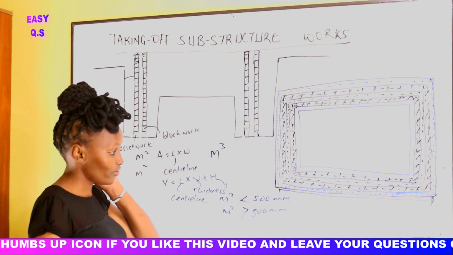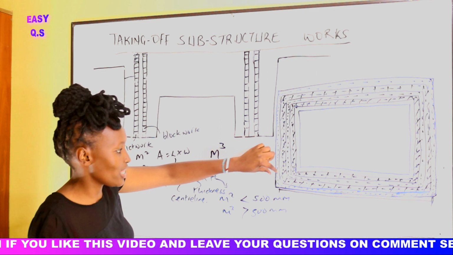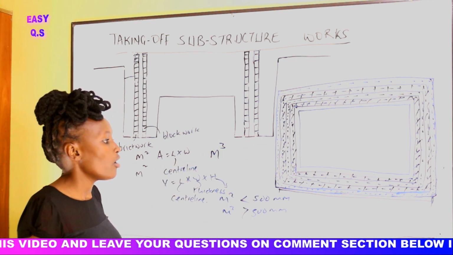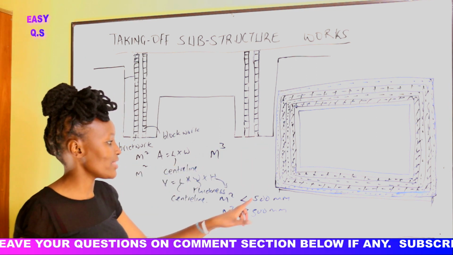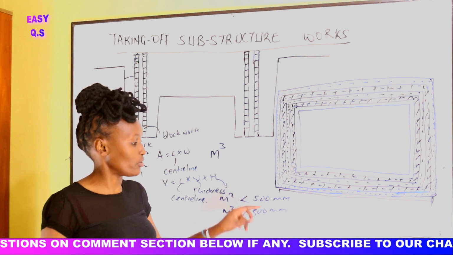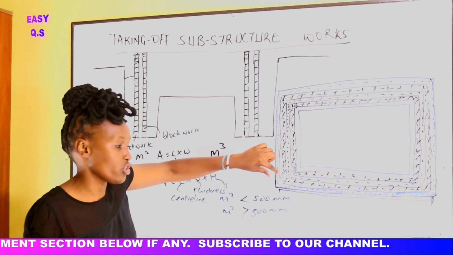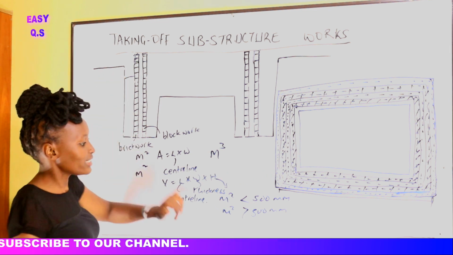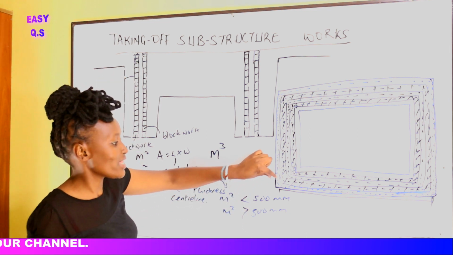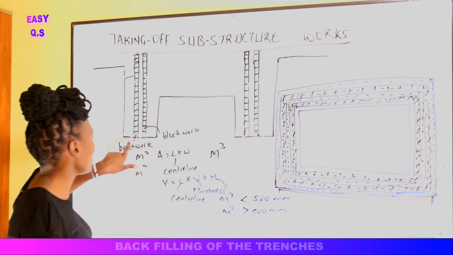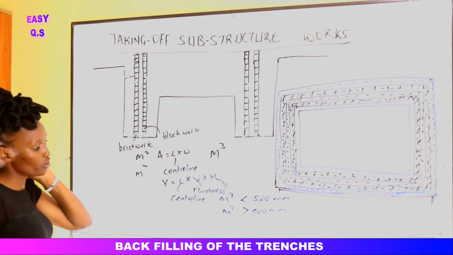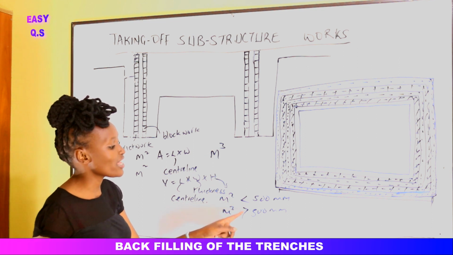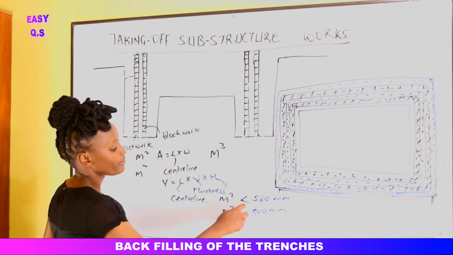Once we find the center line, in case it's more than 500, we shall multiply by the thickness of that foundation spread, then we multiply by the height. If it is less than 500, we shall take the center line, then we multiply by the height, because we are told to measure it in meter squared if the spread is less than 500.